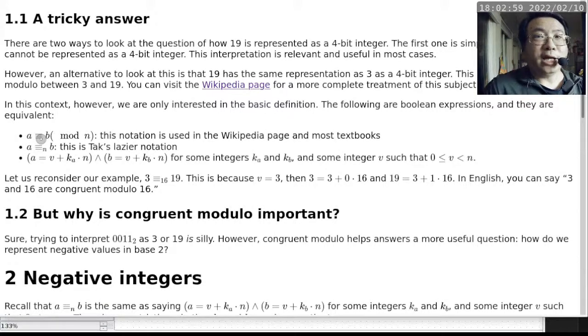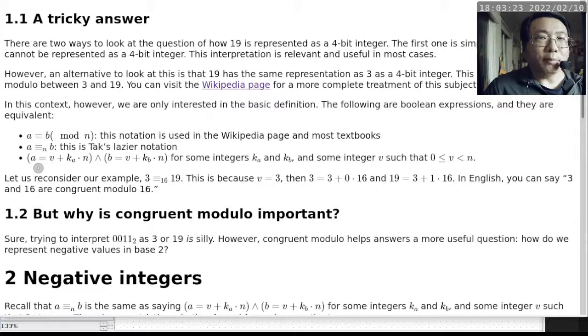So a hamburger b mod n is the same thing as what I would use in this notation, which is a hamburger n b. The n is basically what we are modding with, the divisor. Neither of these two is really telling you what it means. What does it mean when you say a hamburger b?